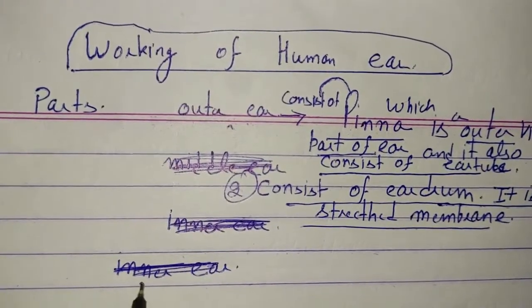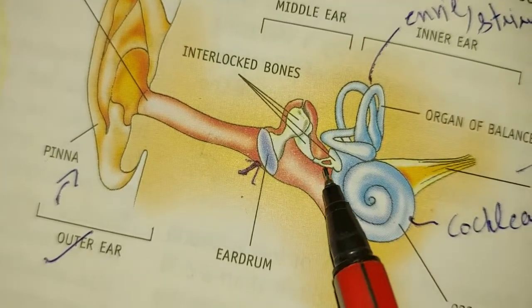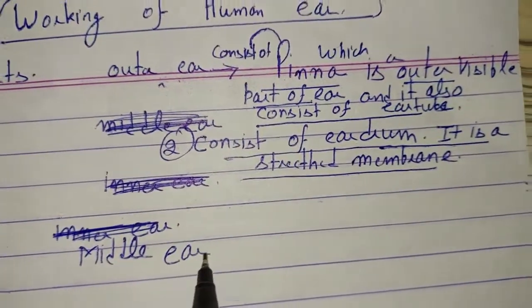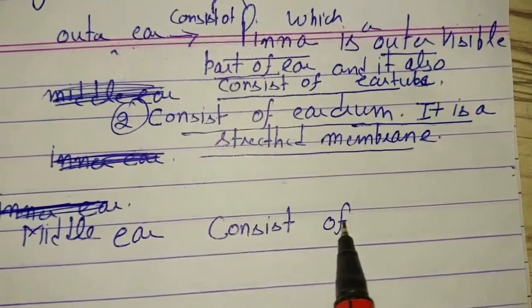The middle ear consists of these three bones. This is the first bone, this is the second bone, and this is the third bone. So the middle ear consists of three bones.